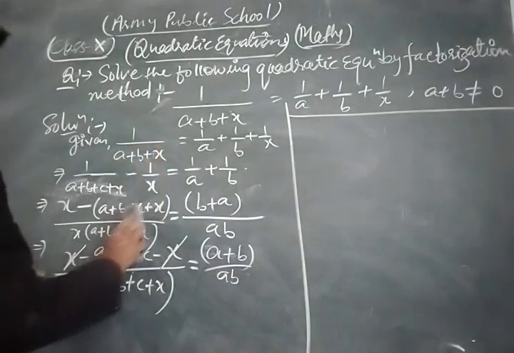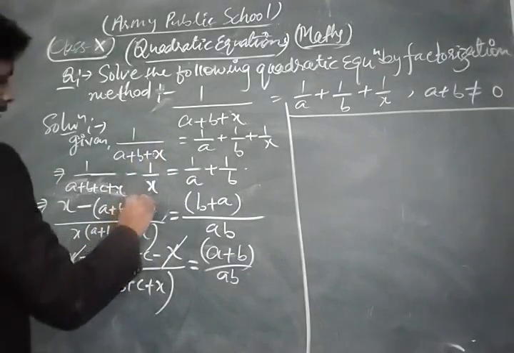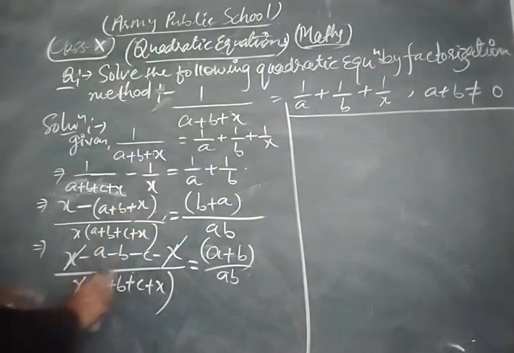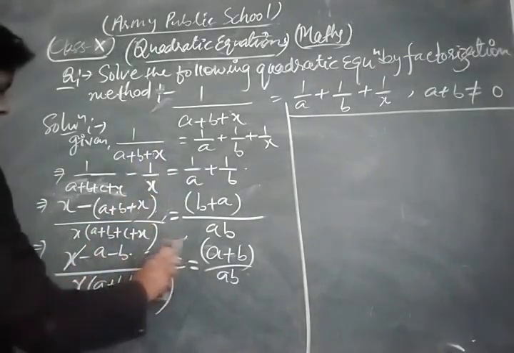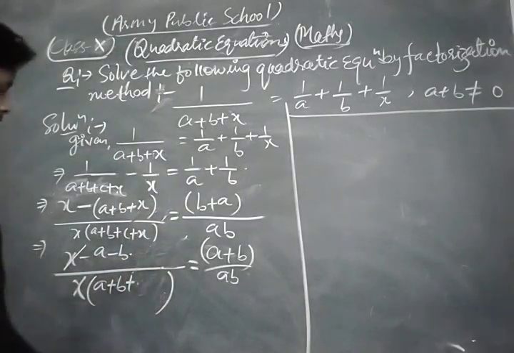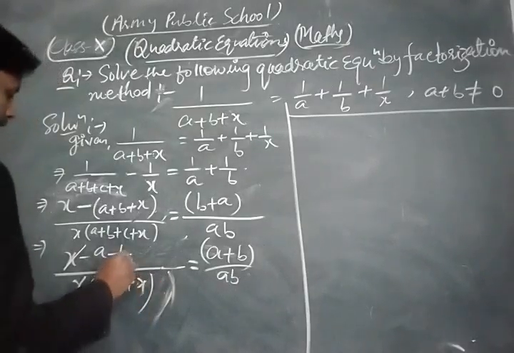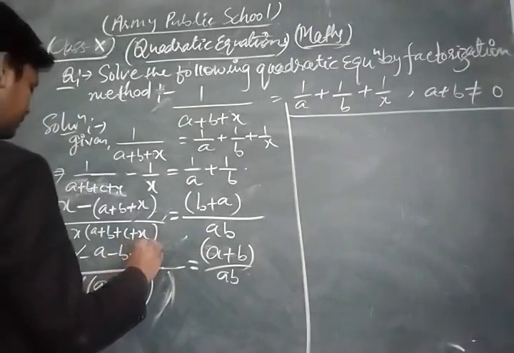So here a plus b plus x only, and this is plus x, and a minus b minus x.